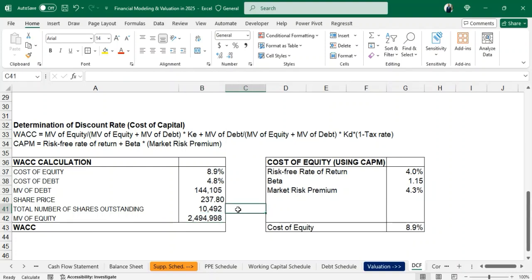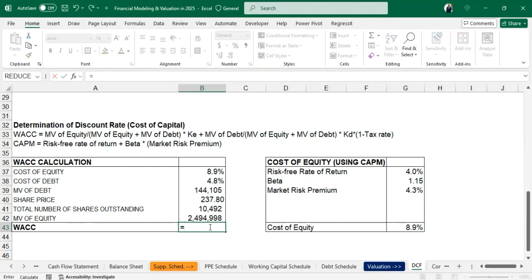So I have that. Now that we have gotten all of these values, we can now calculate our WACC. So the WACC is going to be equal to, as you can see from the very top here, the market value of our equity divided by, I'll open my parentheses, market value of equity again, plus the market value of our debt.